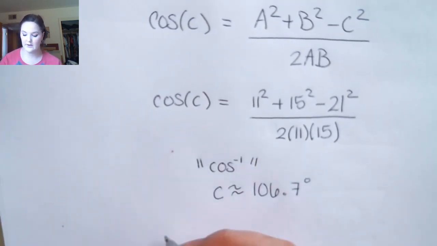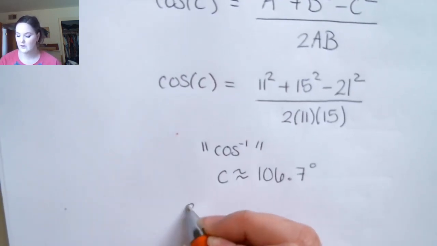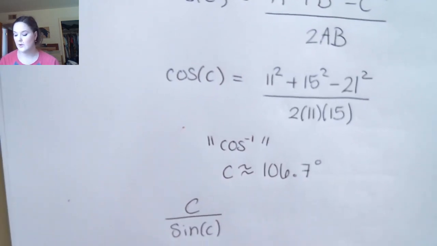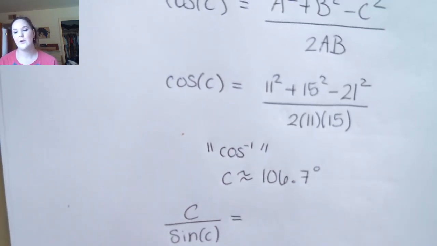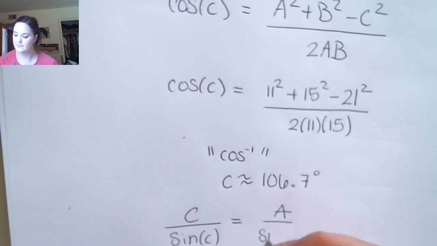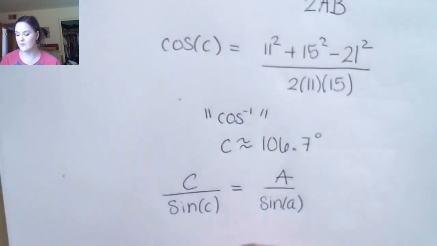Now we have the angle C, so we compare the one where we know everything, which is C, to one of the ones that we want to know something about. It doesn't matter if we do A or B, so we'll just pick A. Now we fill in all the values that we know.